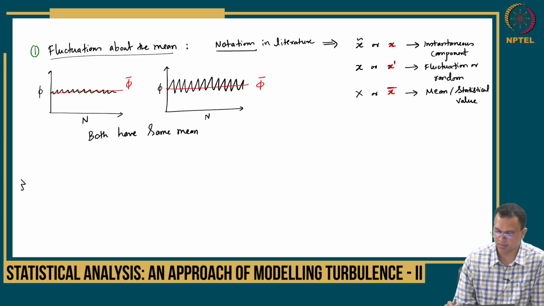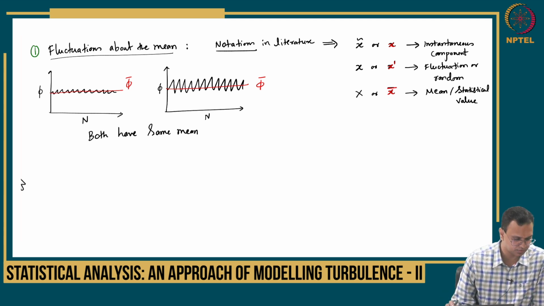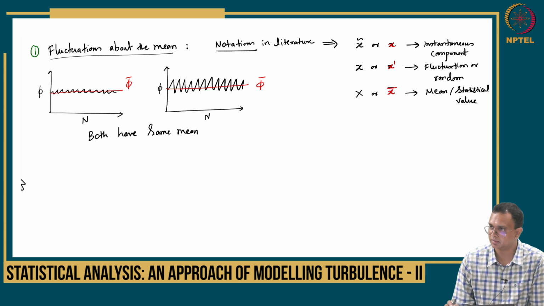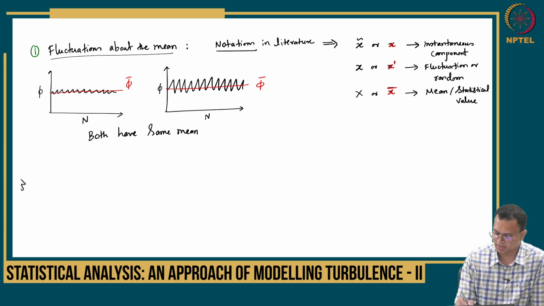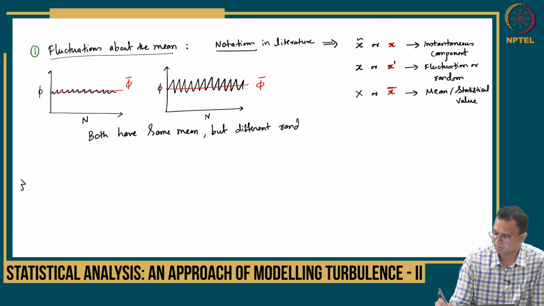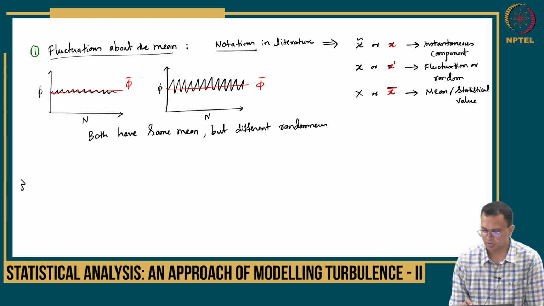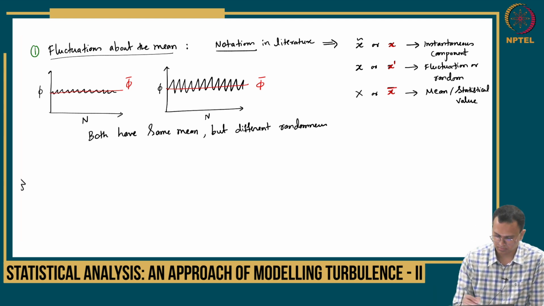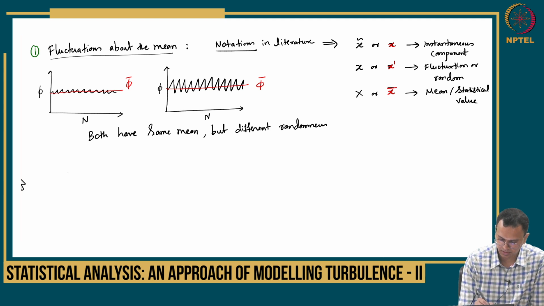So x prime or phi prime itself is not enough. Both have same mean but different randomness.